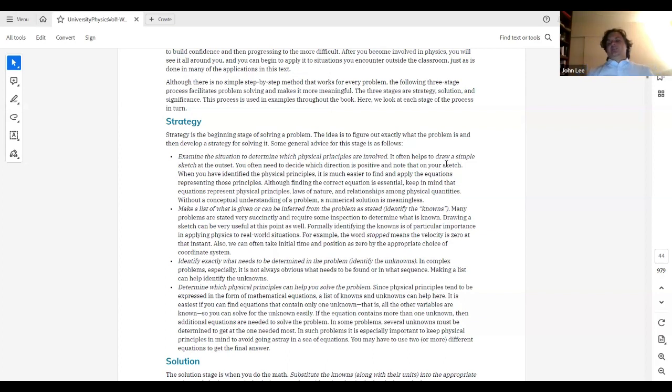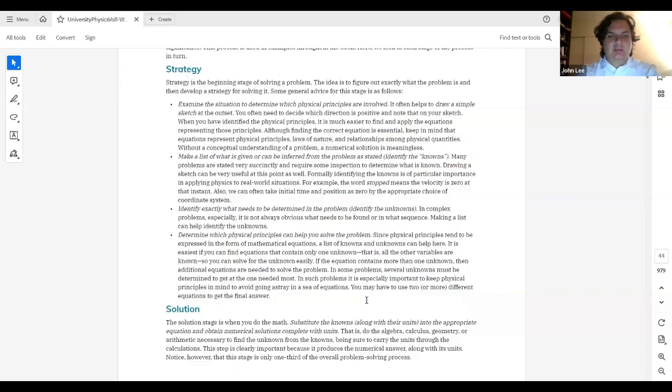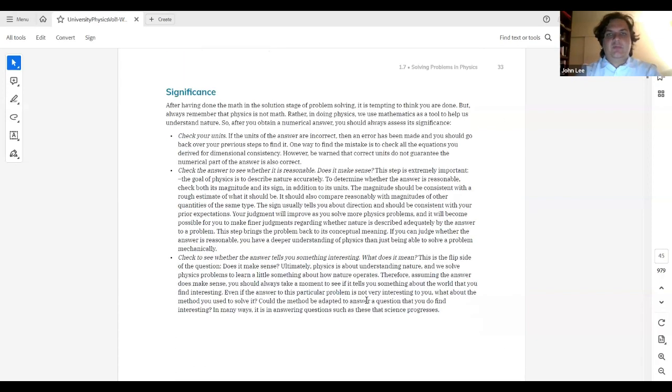So that's also going to be related to the first step, which is just examining the situation and figuring out what physical principles or what equations are going to be useful for you. And then that is basically it.